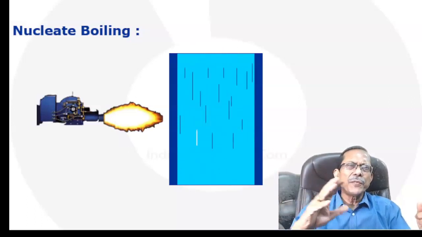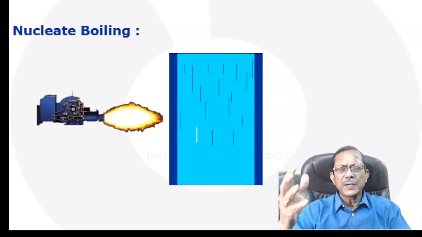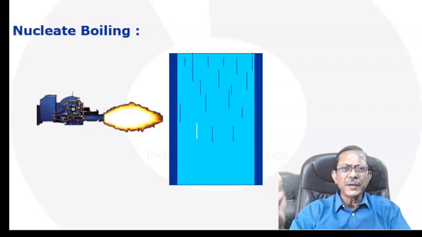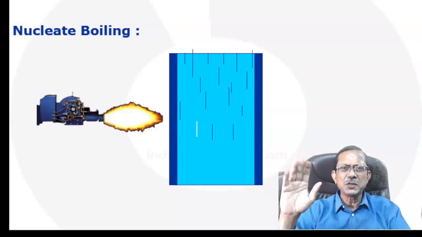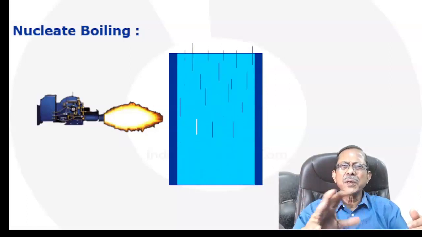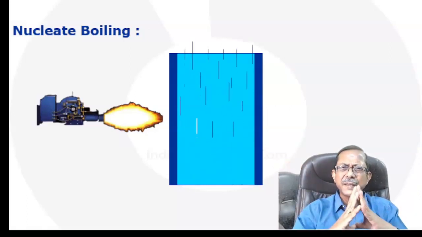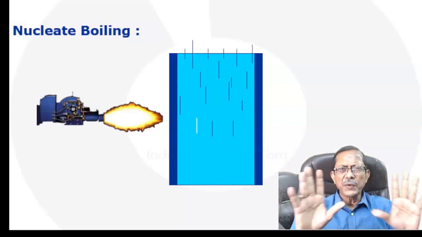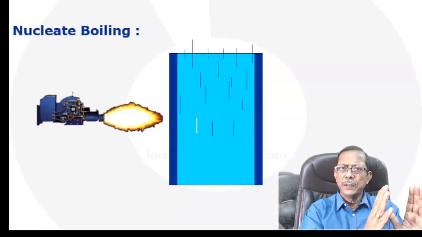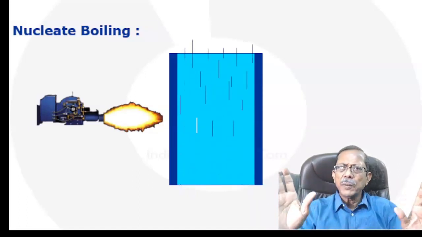Even for a very high pressure boiler, for example a 500 megawatt unit boiler, the pressure is in the range of around 185, 190 kg per centimeter square. The corresponding saturation temperature will be around 355 degrees centigrade. So if we can maintain 355 degrees centigrade on the metal, then there will be no problem of creep.